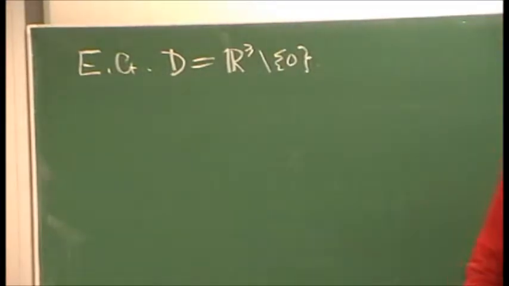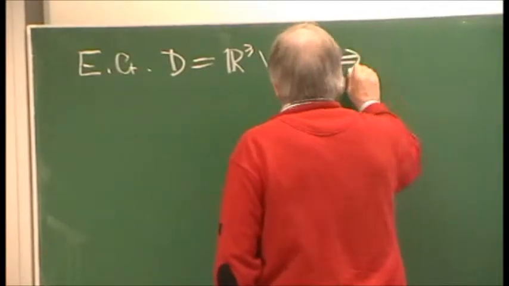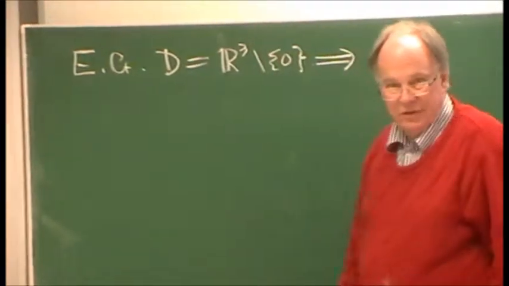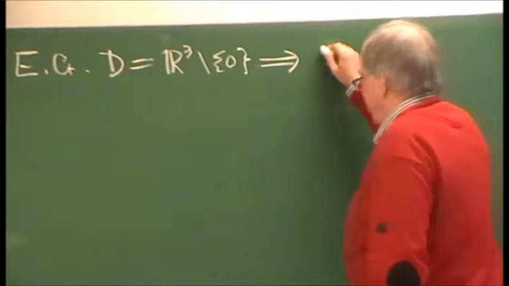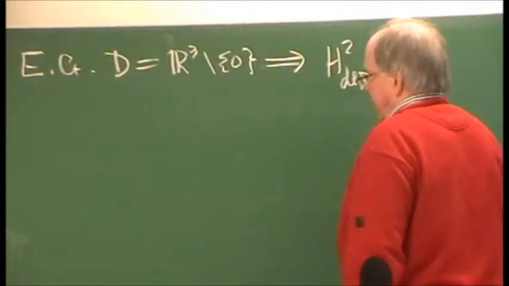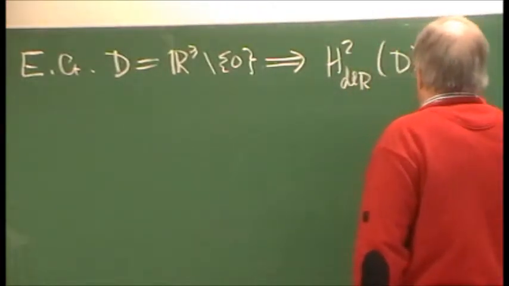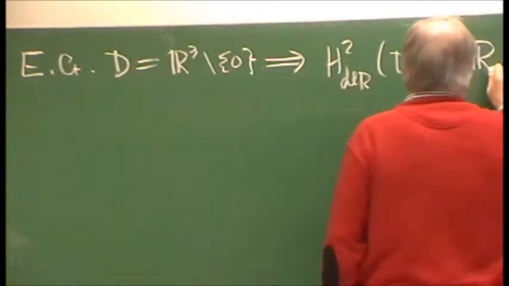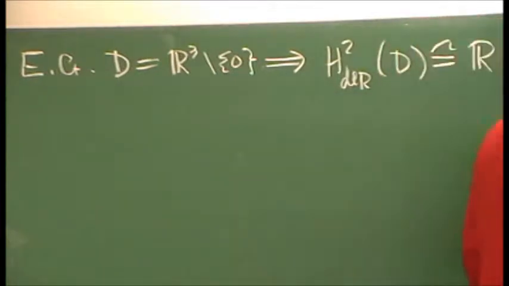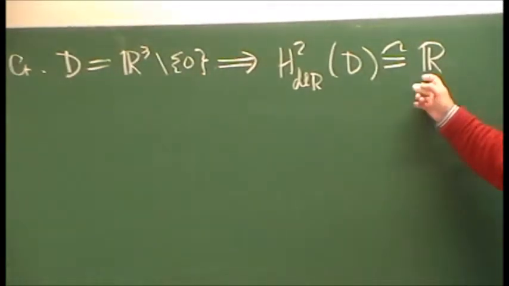You will believe me that, maybe I will assign this as an amusing exercise, it's very easy to solve, that this second de Rham cohomology of D is in fact isomorphic to R. And I can write down a differential form here which spans this.